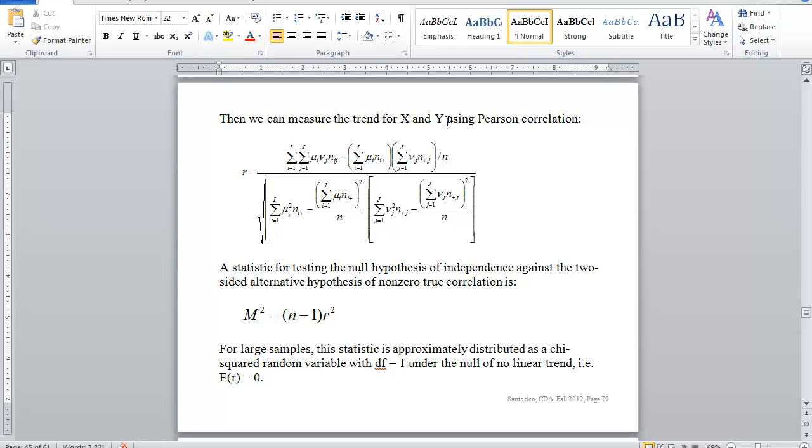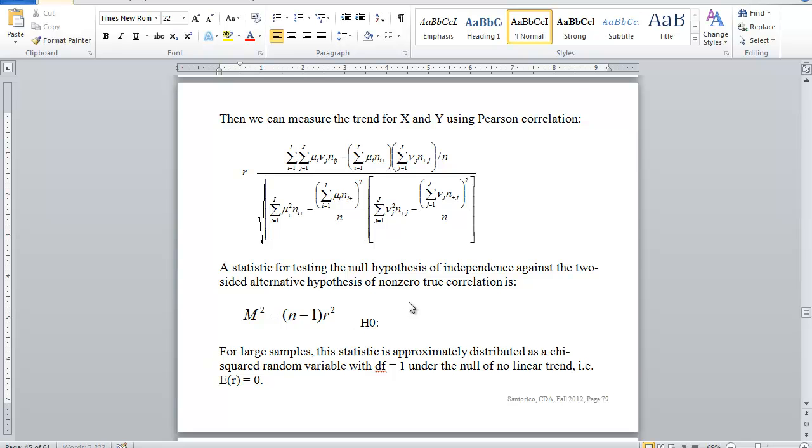You could throw all these scores in and calculate Pearson correlation if you've represented them as individual observations. One common statistic that is used is the M-squared statistic, which tests the null hypothesis of no correlation versus the alternative hypothesis of having correlation.